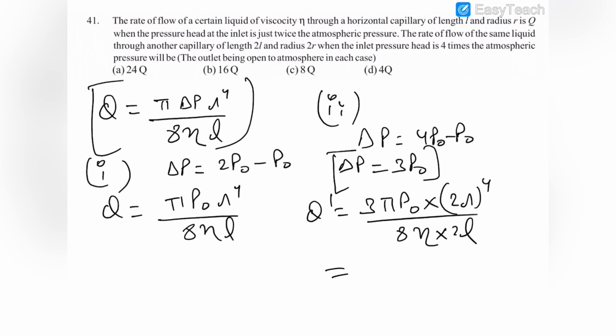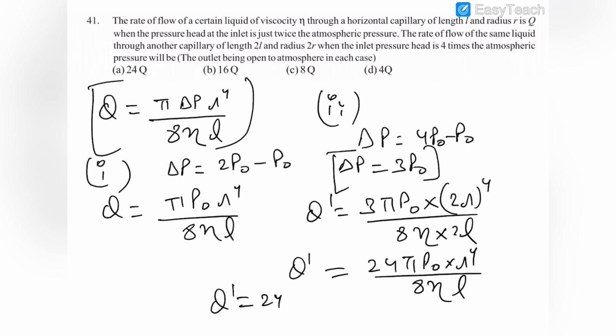So you can see that this is 16, and 16 by 2 is 8, and 8 into 3 is 24. So Q dash is equal to 24 pi P naught into R to the power 4 by 8 neta L. So you can see that Q dash is equal to 24 of Q. So the correct option is option number A. Now we move on to the next question.